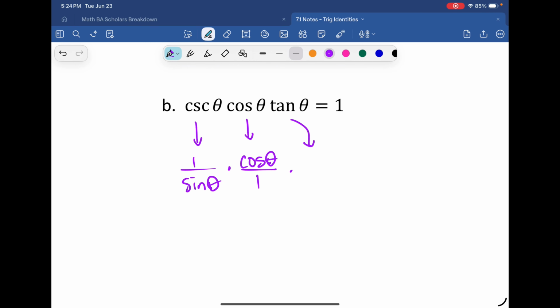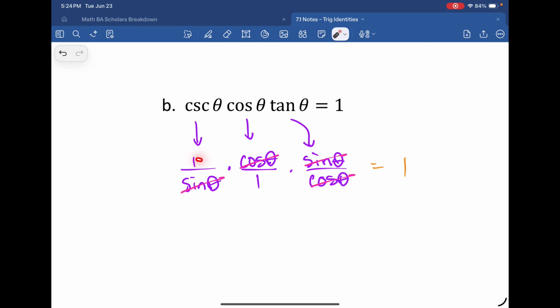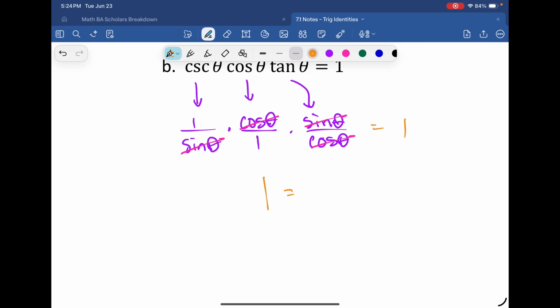Tangent is sine over cosine. And it should equal 1. Well, I can cross cancel sine to sine, cosine to cosine, and I'm literally left with 1 over 1. So 1 equals 1.